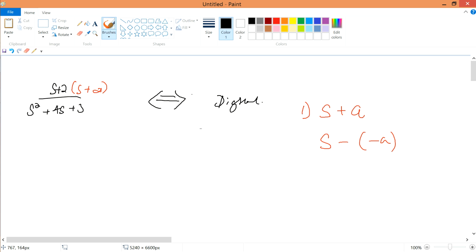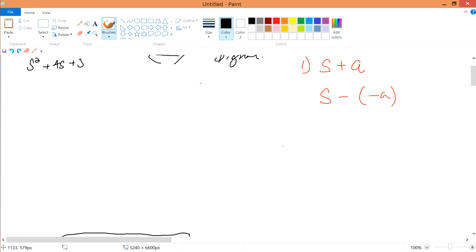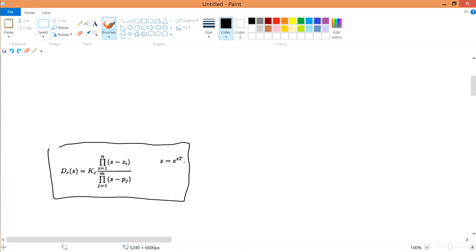Okay, in the next video we'll talk about using zero-pole matching, correct? So in this video I'll just prove to you the true meaning of this particular step and the true equation that it should use. In the subsequent videos I actually used this type of equation, but I didn't realize I need to use a correct way of doing things.